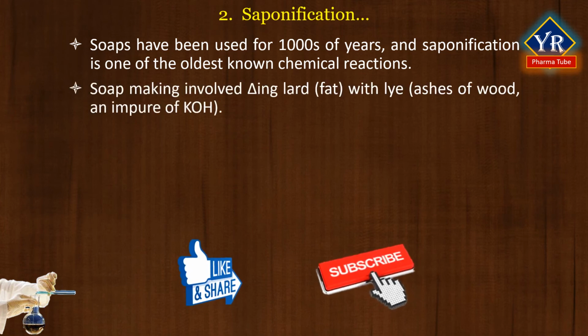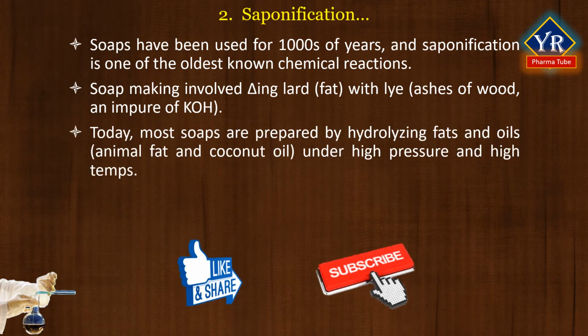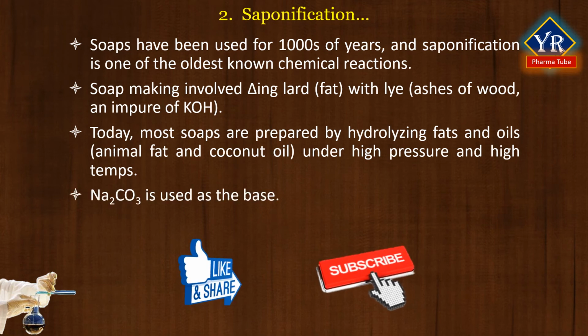Soap making involved heating lard, that is a fat, with lye, that is ashes of wood, an impure form of potassium hydroxide. Today, most soap is prepared by hydrolyzing fats and oils, that are animal fat and coconut oil, under high pressure and high temperatures.